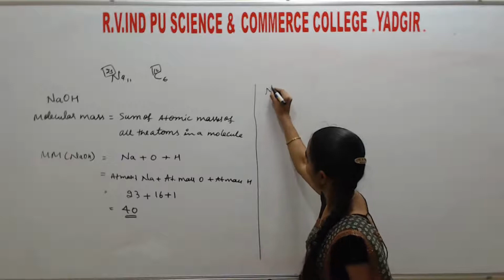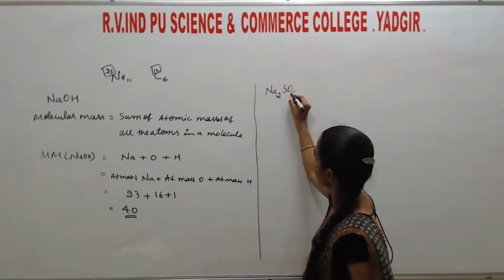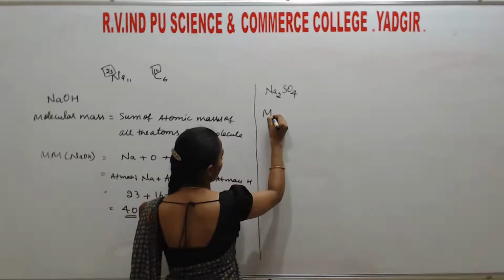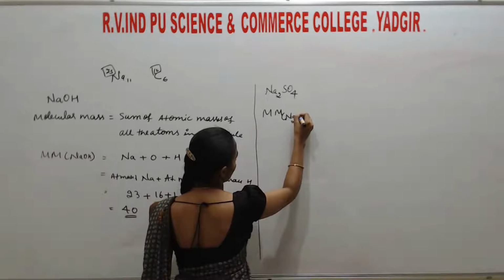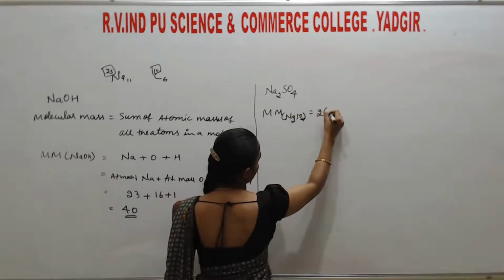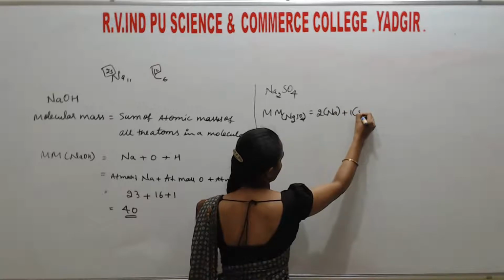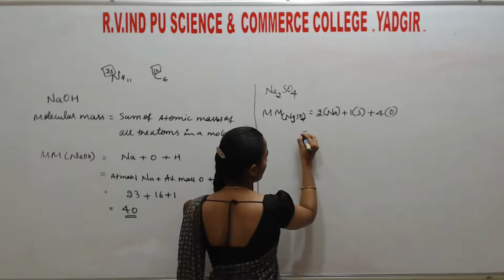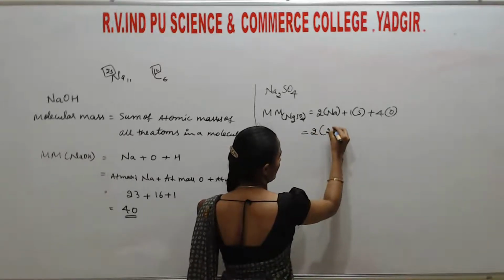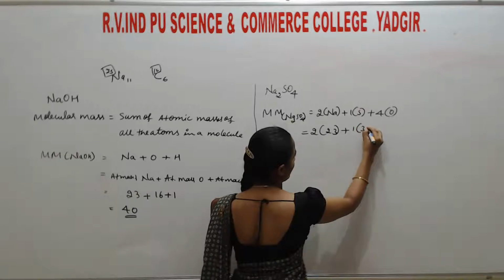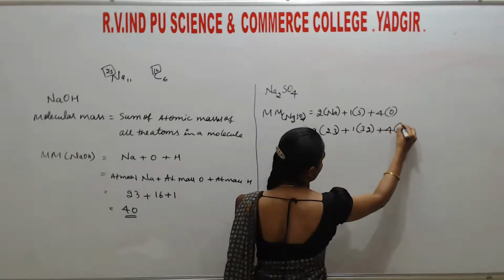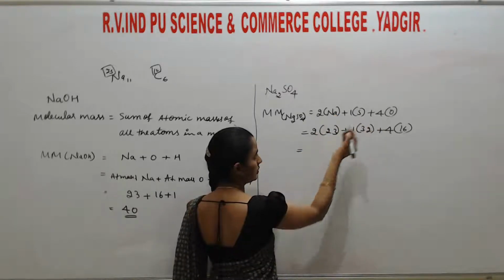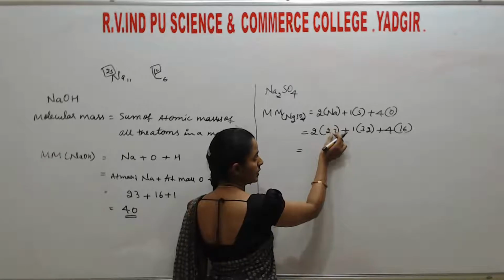Okay. So similarly, next, for Na2SO4. Here the molecular mass of Na2SO4 is equal to 2 into Na plus 1 into sulfur plus 4 into oxygen. Then you add: 2 into 23 plus 1 into 32 plus 4 into 16, the atomic masses of each atom.